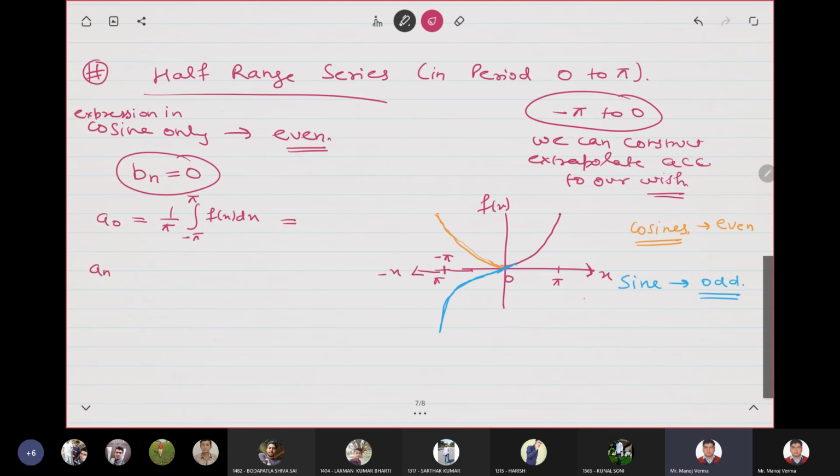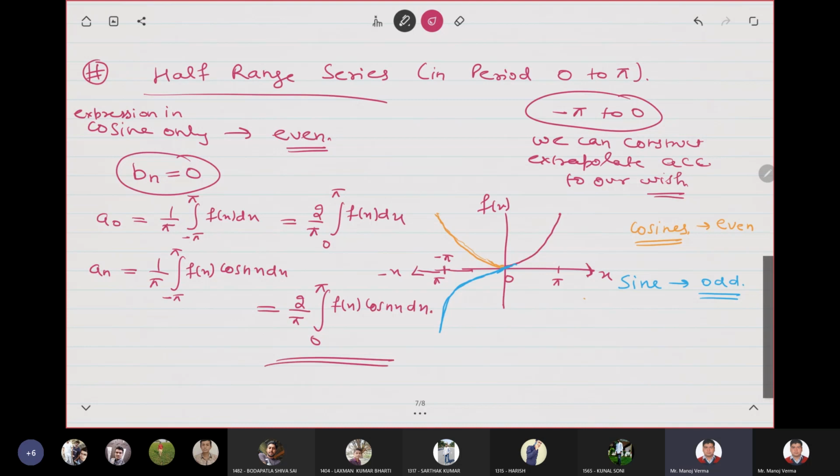Instead of minus pi to pi, I can write 2 over pi times the integral from 0 to pi of f(x) dx, right? Similarly for an also, the integral from minus pi to pi of f(x) cos nx dx will be replaced with 2 over pi. I will take double of this integral, and the limits will be from 0 to pi, f(x) cos nx dx.